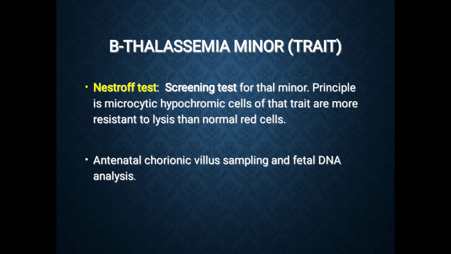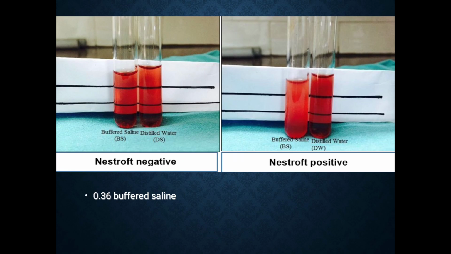And commonly in beta thalassemia minor, the NESTROFT test is done. The principle of this test is that the microcytic hypochromic cells of the beta thalassemia trait are resistant to lysis compared to normal RBCs. Here we have a negative and a positive test.